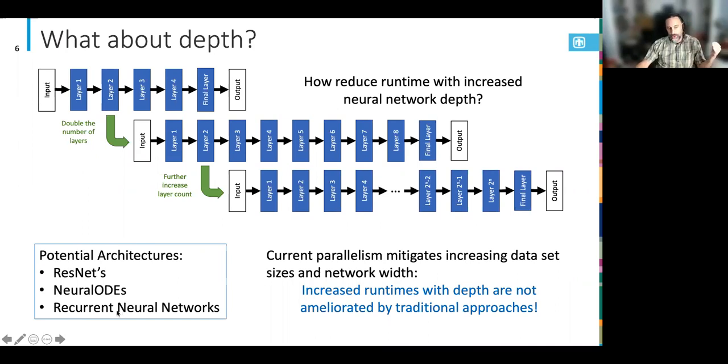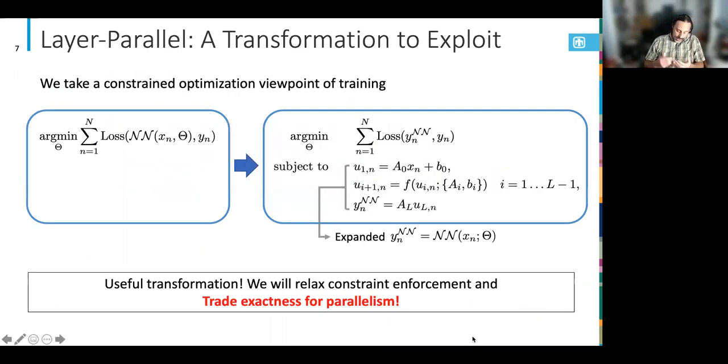And so how do we address this growth with the depth in the neural network? Before I talk about the algorithm that we use to do this, I'd like to make a transformation that I think is a very useful one.